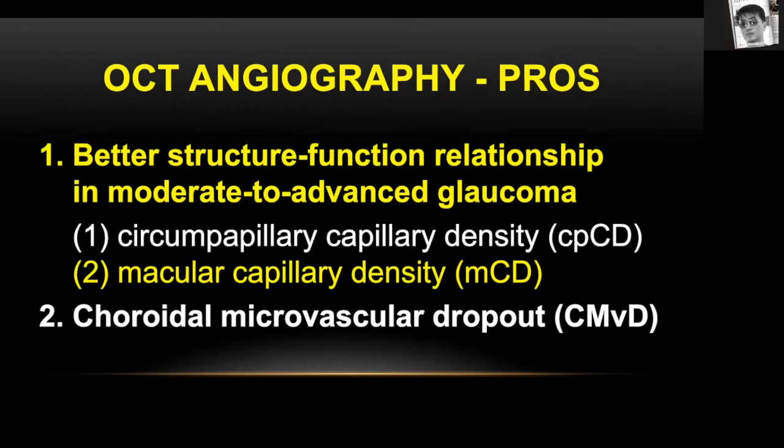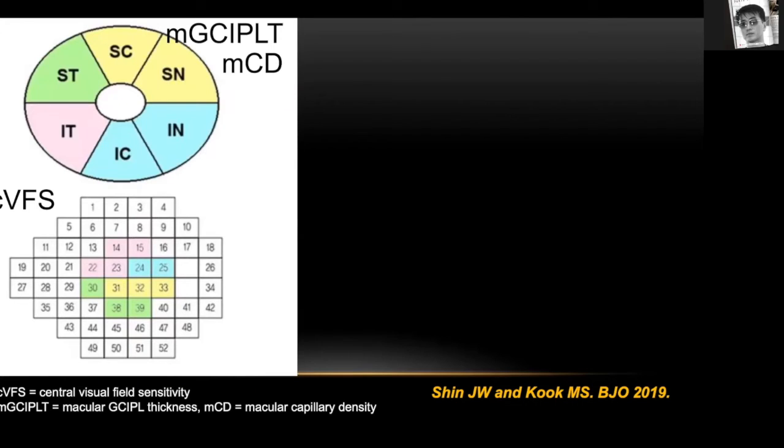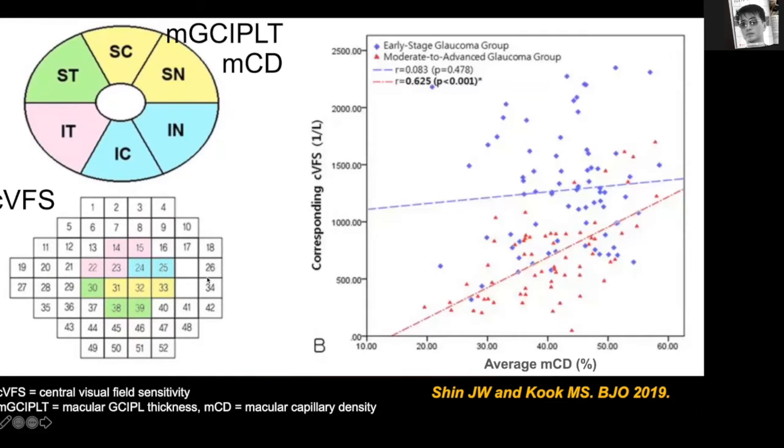Next, macular capillary density, or MCD. They also investigated the relationship between macular vessel density and central visual field sensitivity at different glaucoma stages. In this study, macular GCIPL thickness and MCD were measured, and the association of these parameters with central VFS was sought. We observed very similar findings like in CPCD as previously shown.